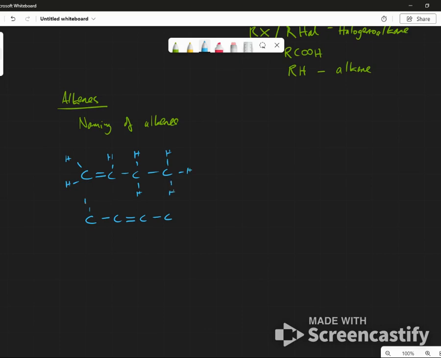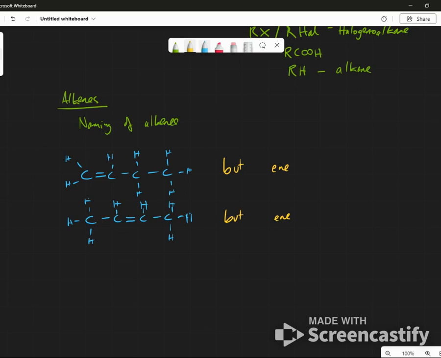And the hydrogens are the one at the bottom. And there's one, and there's one, and there's one. So, as I'm sure you both know, the top one is butene, and the bottom one is butene as well. They're both butene. Now, obviously, the only difference is where the double bond is.